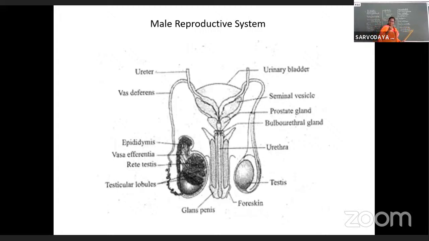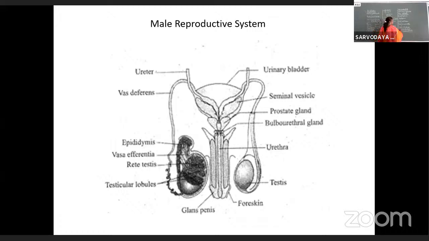The urinary bladder continues into a duct called the urethra. So the vas deferens loops around the urinary bladder and joins the urethra. At this region, the duct from the seminal vesicle also joins, and that region forms what is known as the ejaculatory duct.